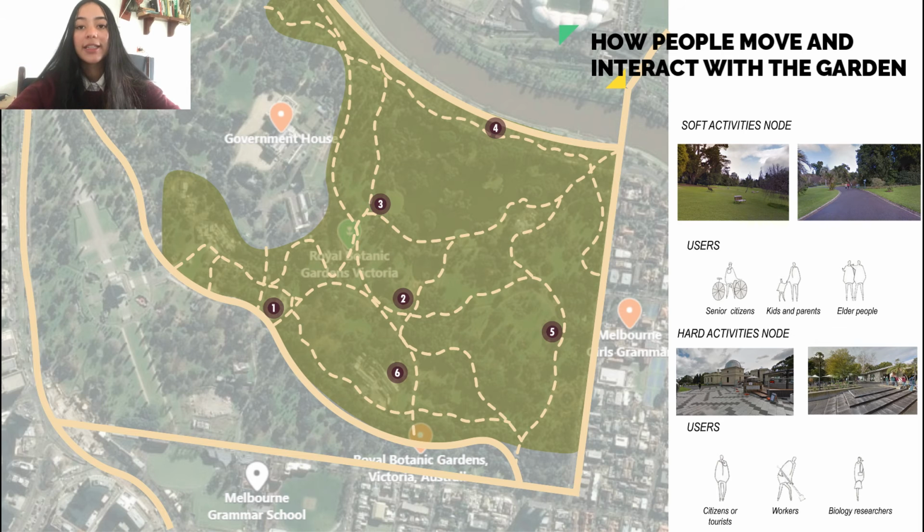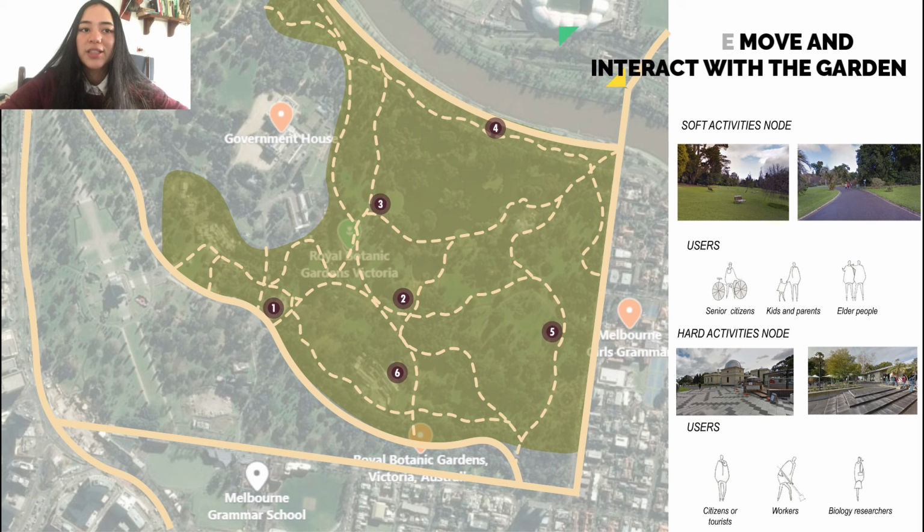And then we have the hard activity nodes that are more to congregate certain people who are more interested in learning and knowing more about these botanical aspects, and for example agriculture and all that kind of stuff. So we have buildings that are focused on these kinds of activities or research. So we identified these two kinds of users.